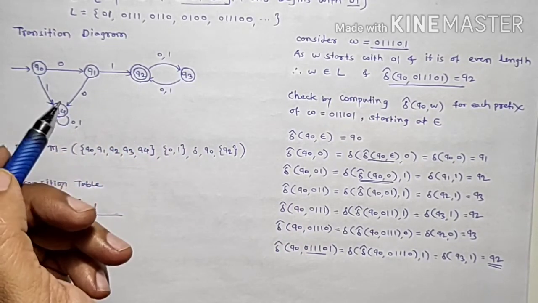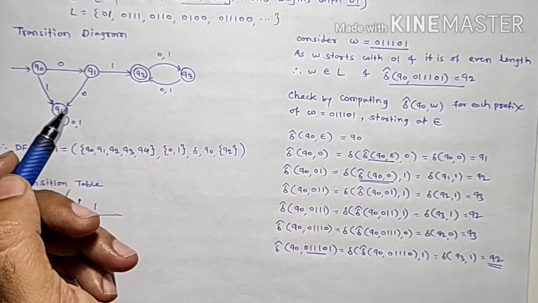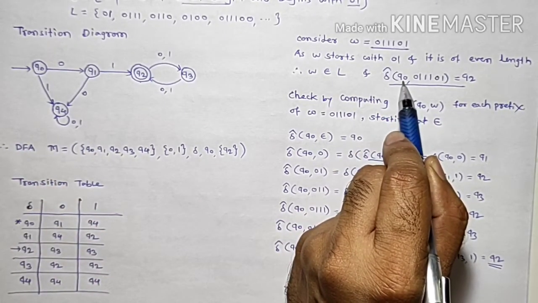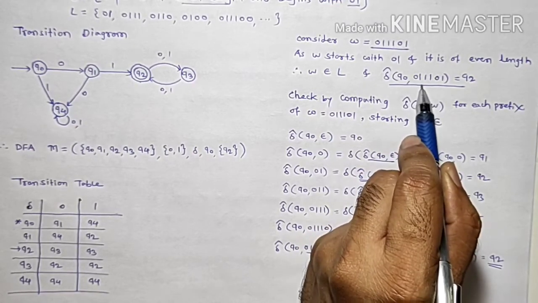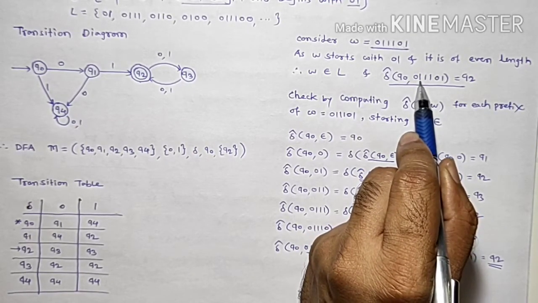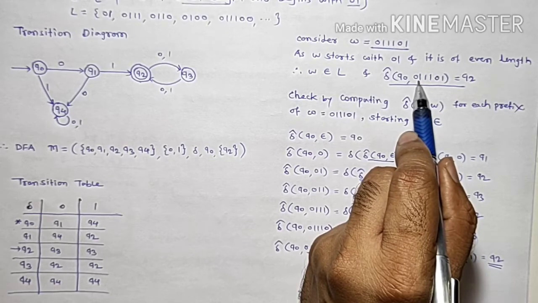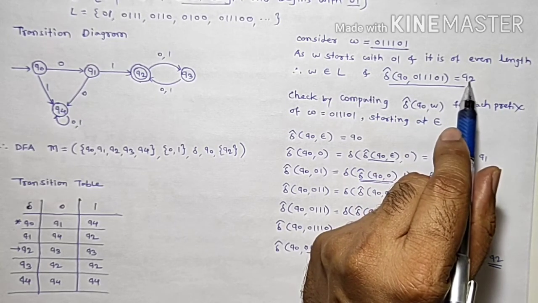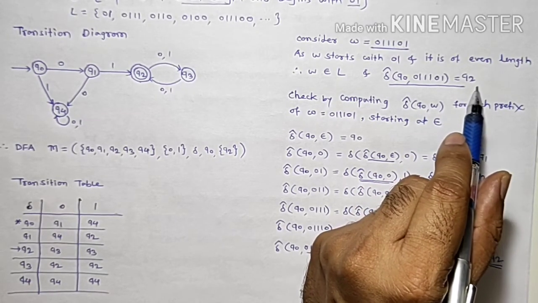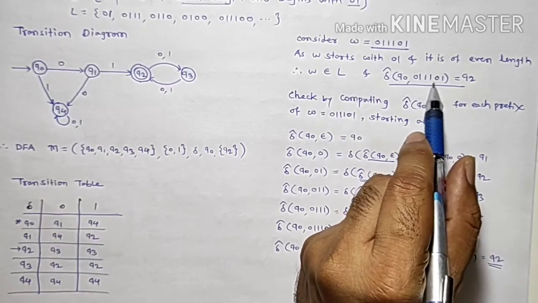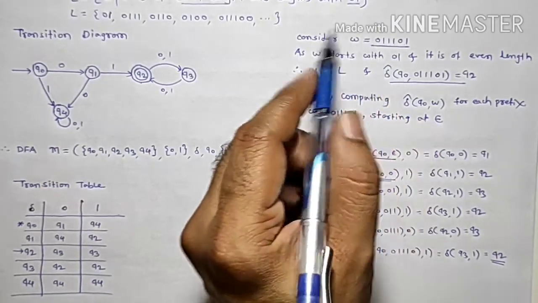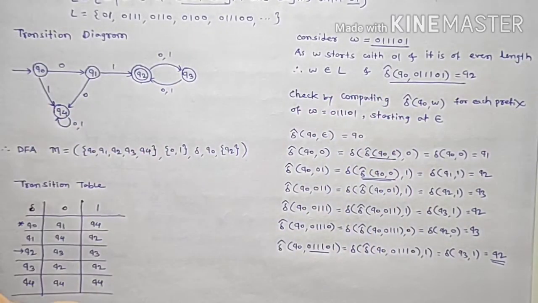So from this it is clear that starting with initial state q0 and sequentially reading all the symbols of the given string, the DFA reaches the final state, that is q2. So we can say that the given string w equal to 0, 1, 1, 1, 0, 1 belongs to the language of DFA.